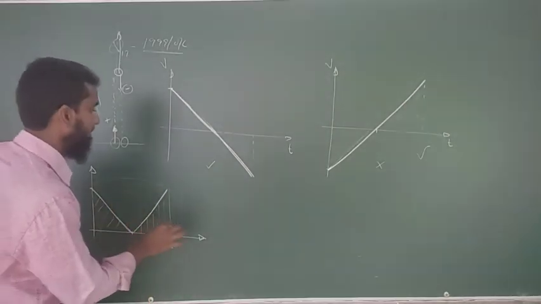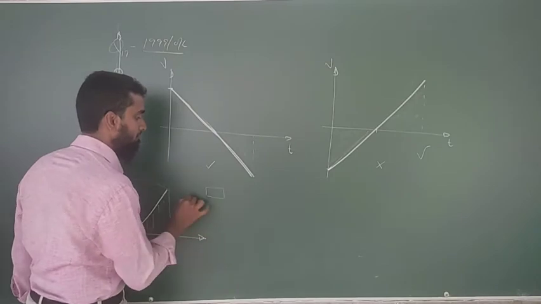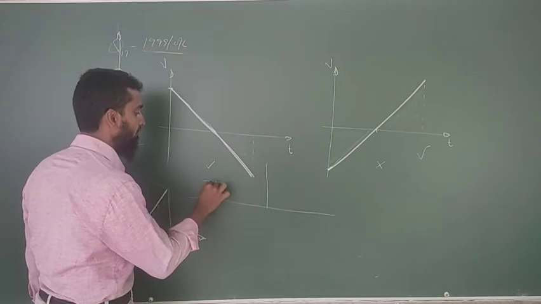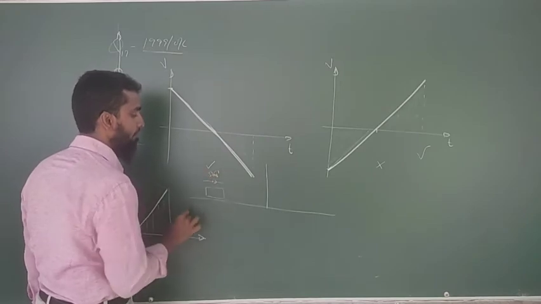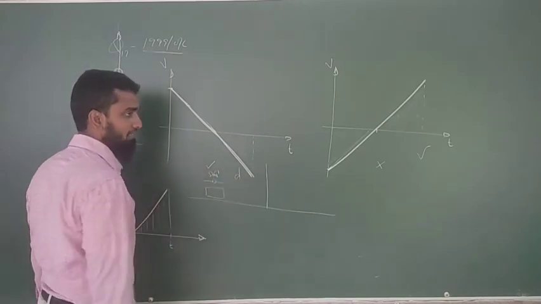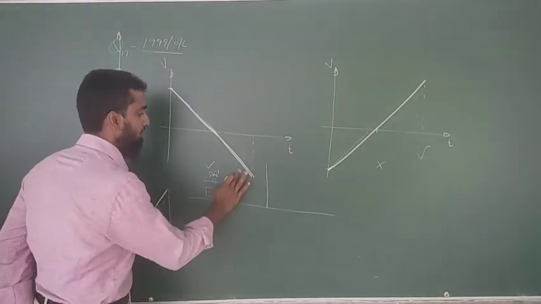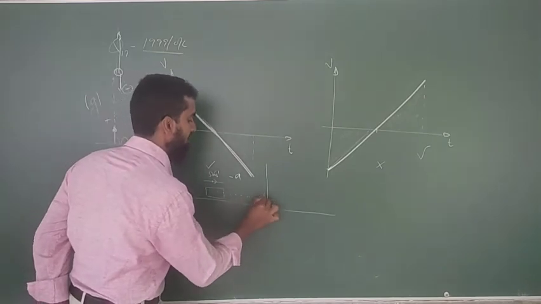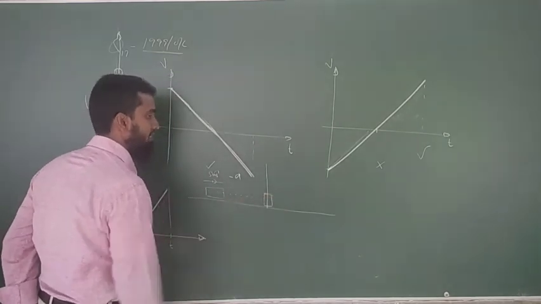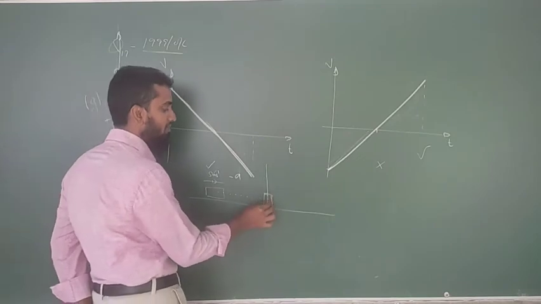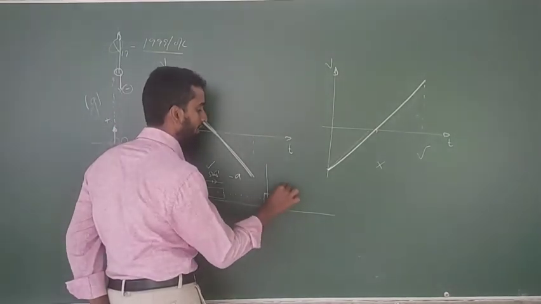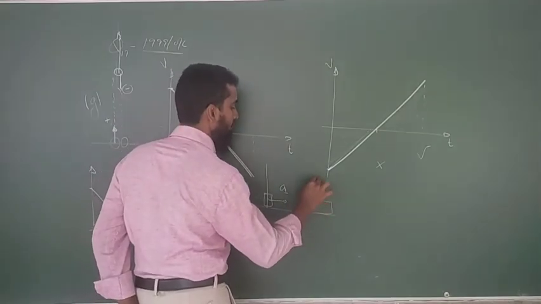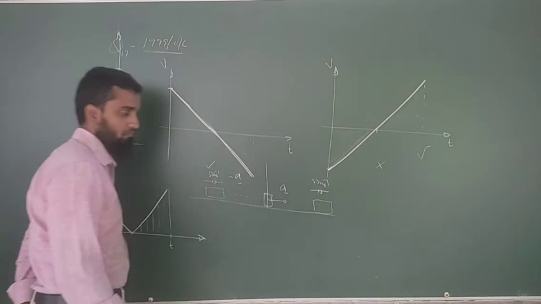But it can be explained like this: a car, there is a light post, and a car is moving with a velocity of 5 m s^-1, making a retardation or deceleration. With the deceleration it reaches velocity 0. Once it reaches 0, again it accelerates with the same value, reaching 5 m s^-1 again.